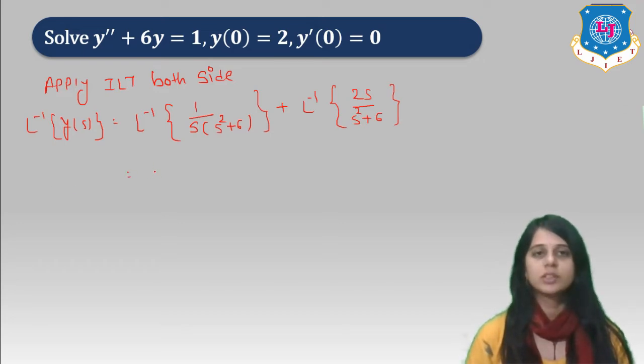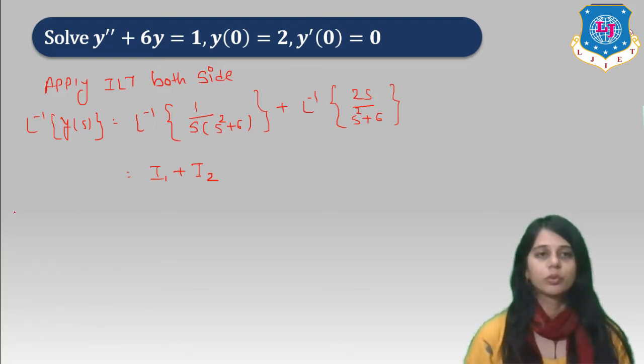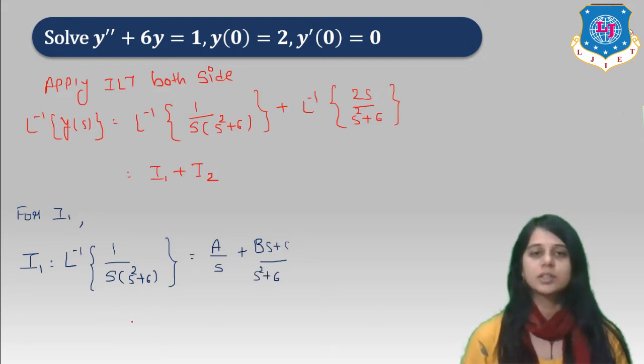Now for this case we take I1 plus I2. For I1, I1 equal to Laplace inverse of 1 upon s into s square plus 6. Taking partial fraction case 1 and case 3, we get A upon s plus Bs plus C upon s square plus 6. Taking LCM, 1 equal to A into s square plus 6 plus Bs square plus Cs.